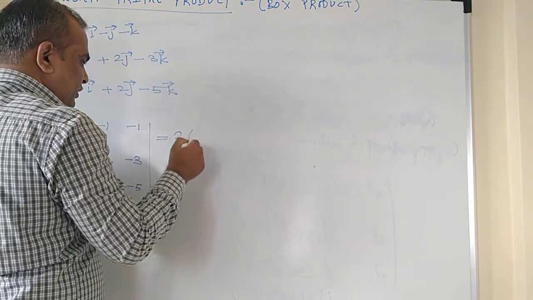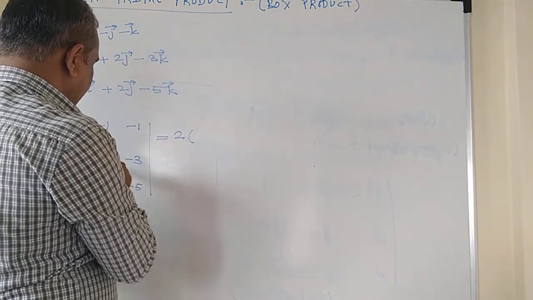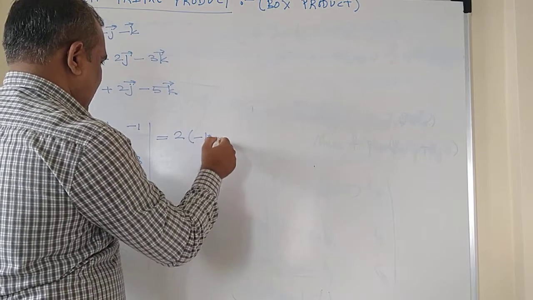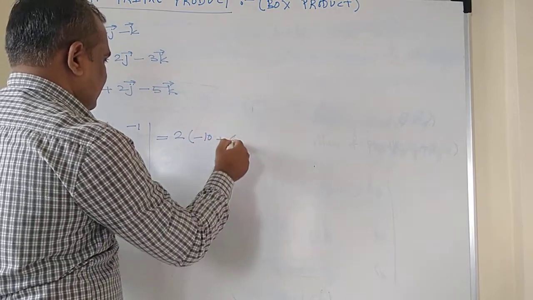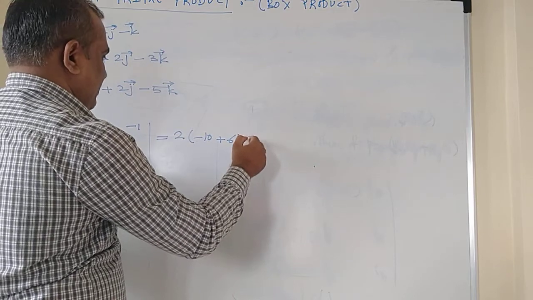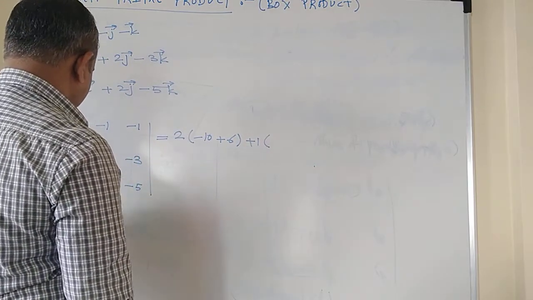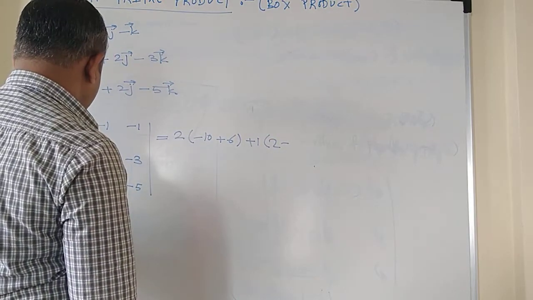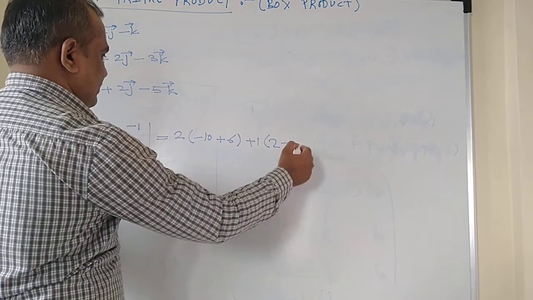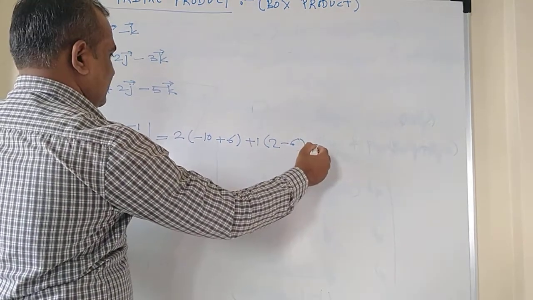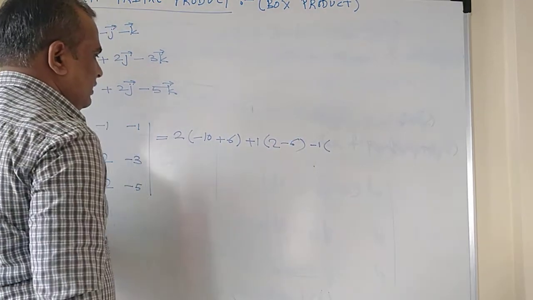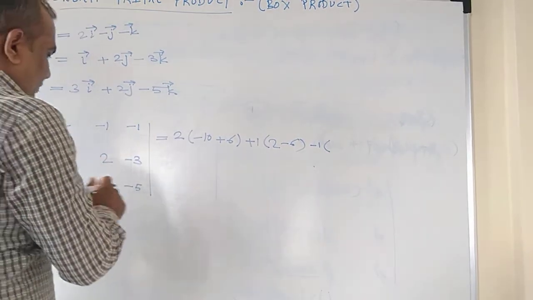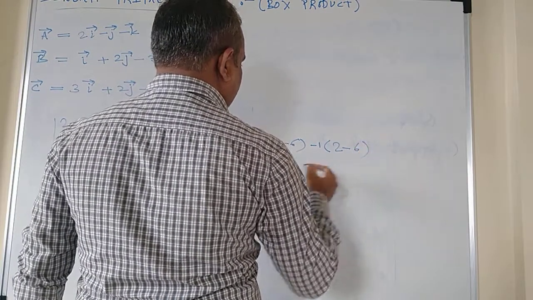So this will give me 2 into, 2 fives are 10, so minus 10, minus minus becomes plus 6, minus minus plus 1 into 2 minus 6, plus minus the third component of the determinant is minus 1, so minus 1 into 2 minus 6.